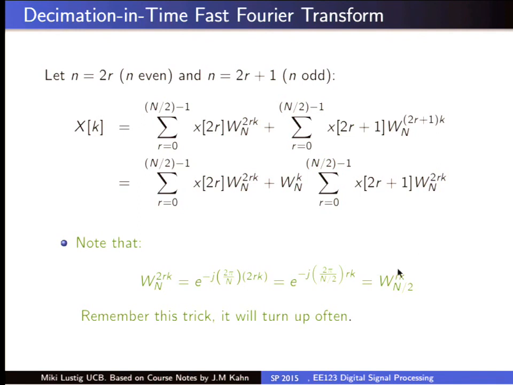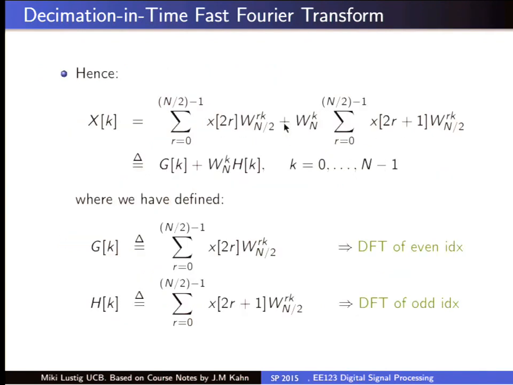Okay? Remember this trick. It will occur very often. We're going to use it over and over again. So instead of 2 here, I'm going to move the 2 down there. That's pretty much it. This is the beauty of algebra.